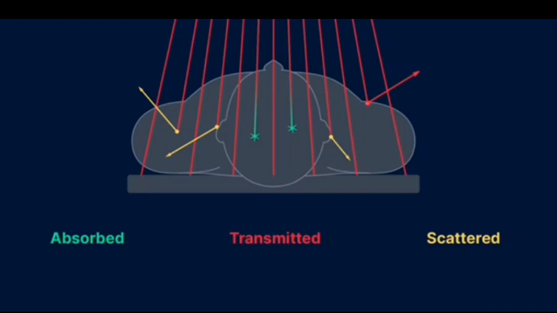When the X-ray beam is passing through the patient, some photons are completely absorbed through the photoelectric effect, some are transmitted through the patient without interacting at all, and some will be scattered through interactions called coherent scattering and Compton scattering.